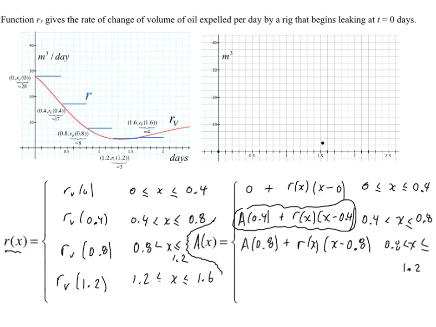Yes, because x varies, right? x varies from 0.4 to 0.8. And as x varies, dx varies, right? This is dx. It varies. The rate stays constant, but x varies through the interval, and dx varies likewise, x minus 0.4.